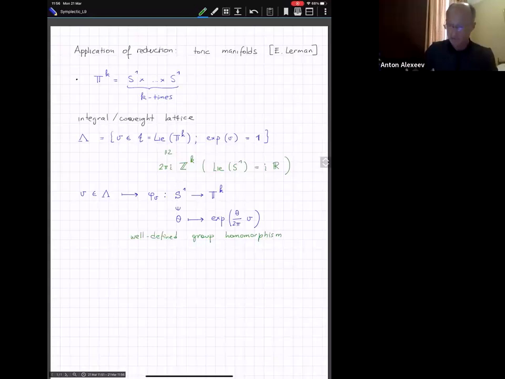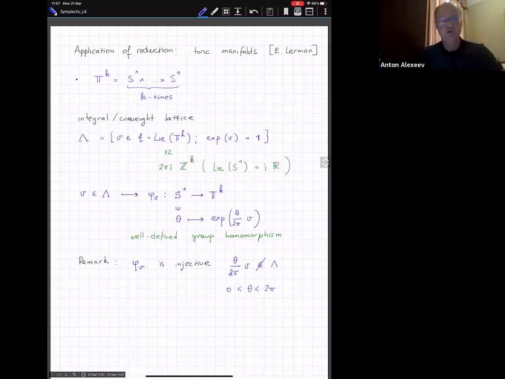Now maybe just one small remark. So this group homomorphism phi_v is injective. So what does it mean? So this means that theta over 2 pi times v is not in lambda if theta is between 0 and 2 pi.